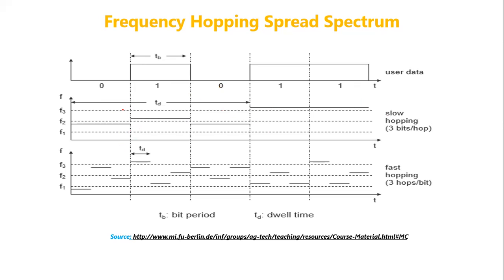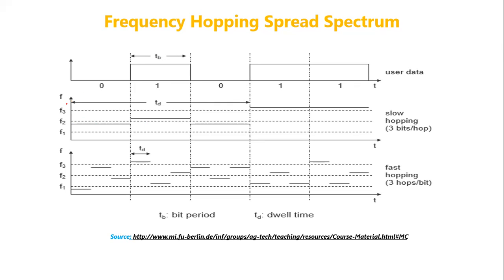So here this is the bandwidth, and this bandwidth is divided into 3 frequencies: f1, f2, and f3. The time duration of 1 bit of the user data is called TB, and the time duration of the hopping, the slow hopping or fast hopping, to represent 1 bit, that is called TD. Initially the transmitter and the receiver are using the frequency f2.